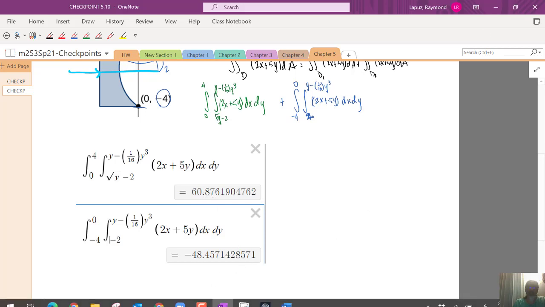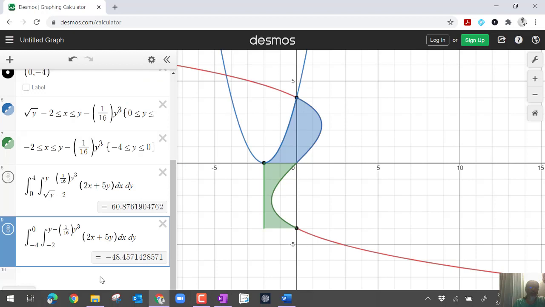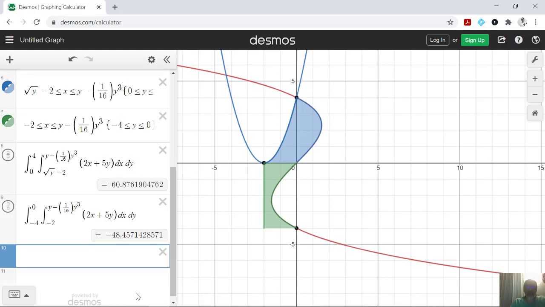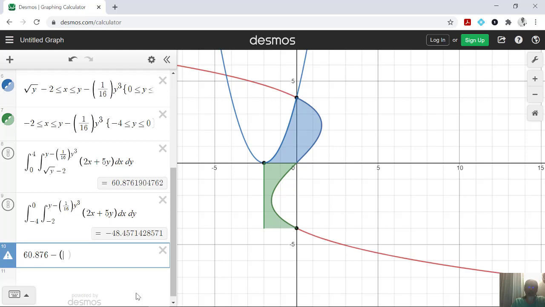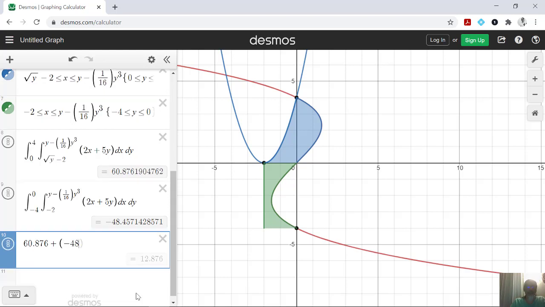Well, I suppose we can ask Desmos to do that for S as well. So it'll be 60.876, and depending on how far you need to round off, minus 48.457.